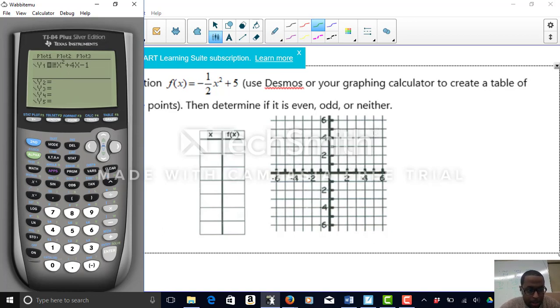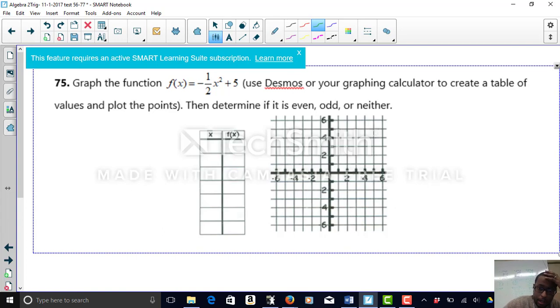So let's say I'm going to plug this in, so this is negative 1 over 2 x squared plus, I'm going to delete everything else, so I'm going to press delete, delete, delete, delete, plus 5. I'm going to press second and graph. I'm going to have my table. Okay. After I have my table, I'm going to just press graph, and now I'm going to have my graph. Looking at that graph, I now know, because it seems to cross through this axis, it is an even function.